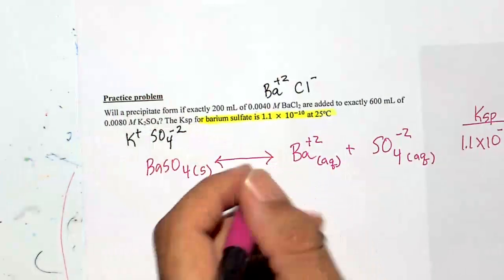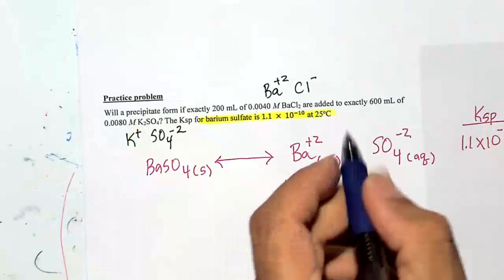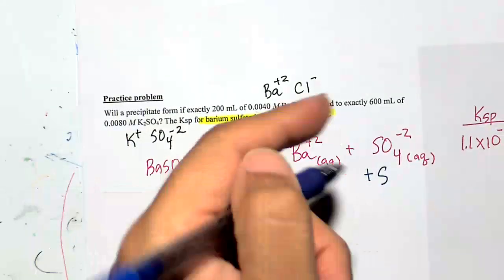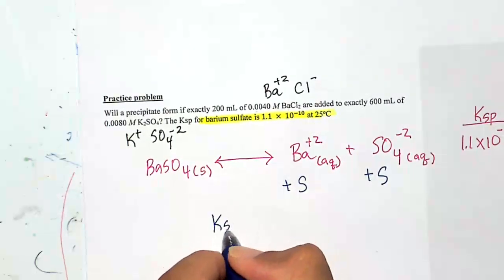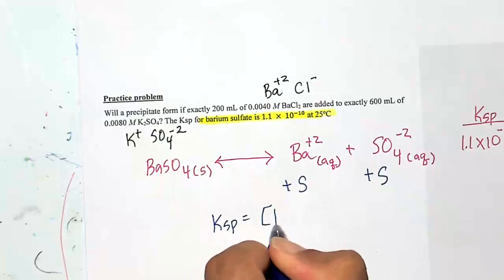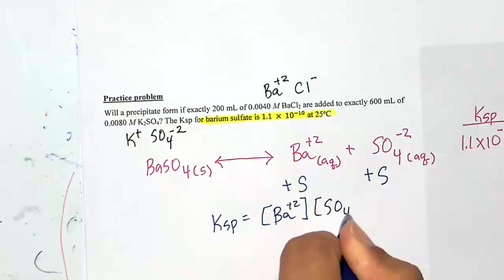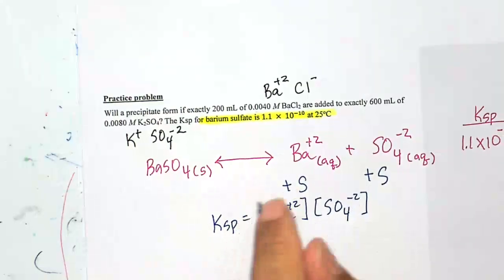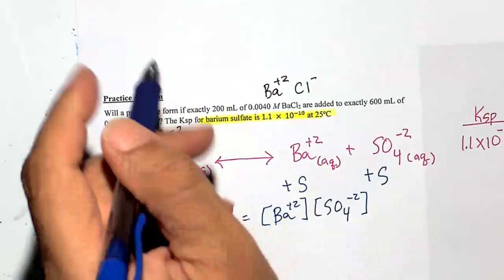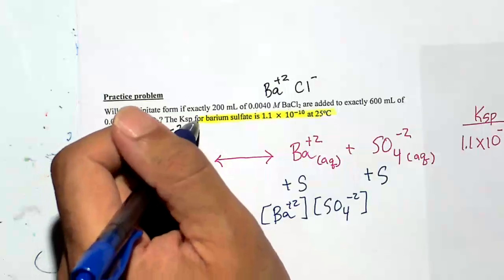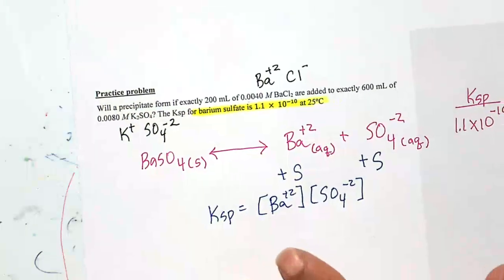Some of it will go back this way, this is going to be plus S, and some of it will go back this way, like I said before, that's plus S. So let's continue this problem. Ksp is going to equal the concentration of barium ion times the concentration of the sulfate ion. Before we move forward, the question is, will a precipitate form? Let's figure out the concentrations of each of these after mixing. Shall we do that?